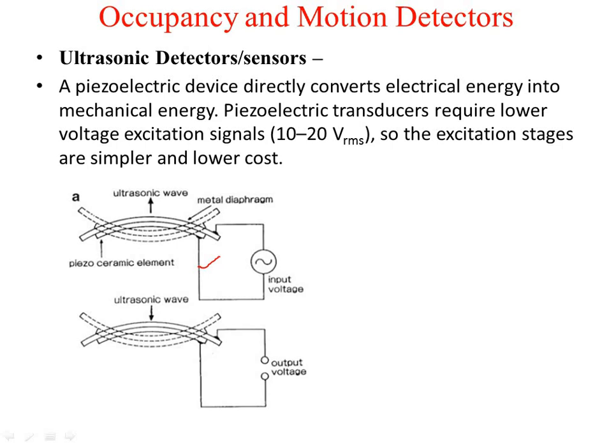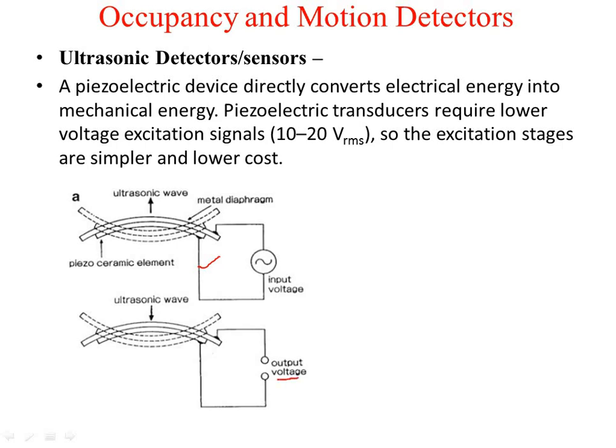These deformations in the piezoelectric material create the ultrasonic waves, and at the receiving end exactly the reverse will happen. The ultrasonic waves will be reflected back and received by the ultrasonic sensor, and it will generate the output voltage.